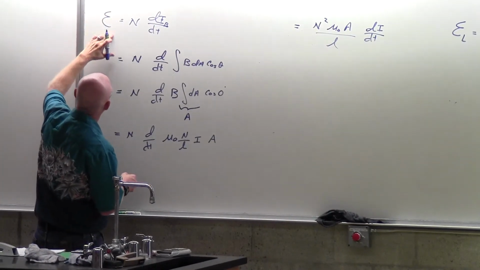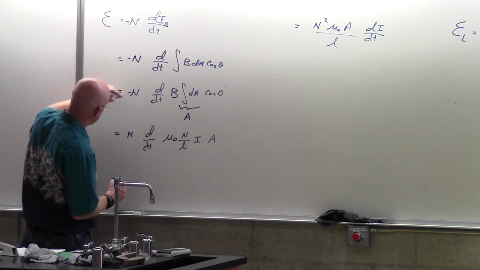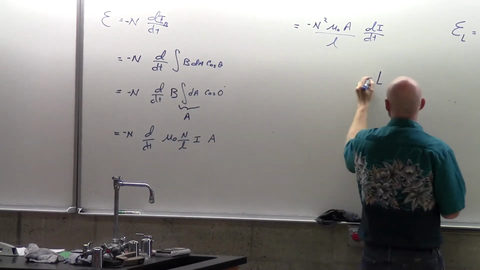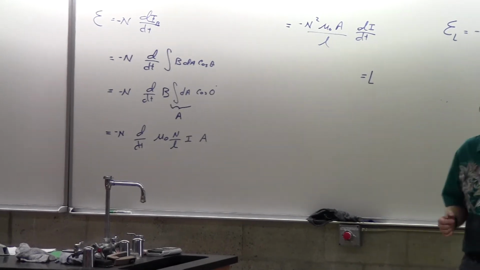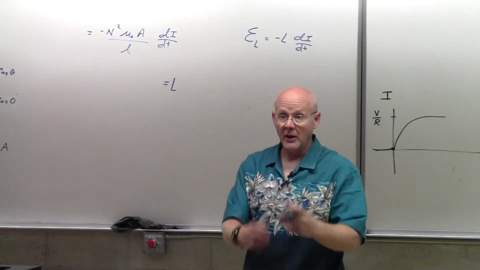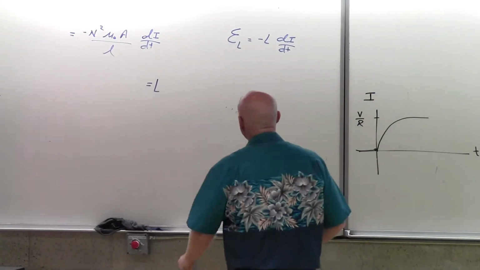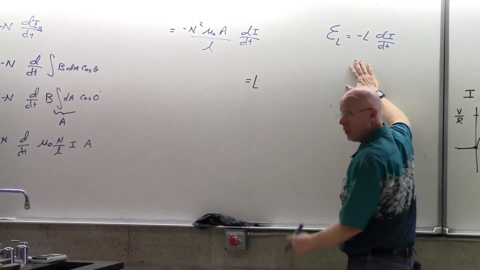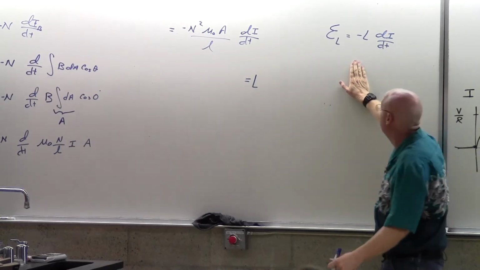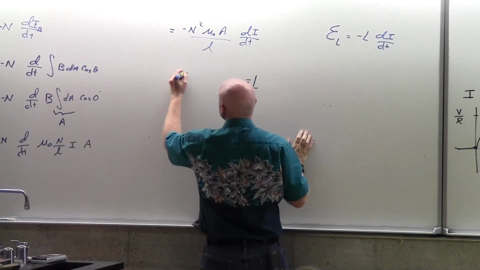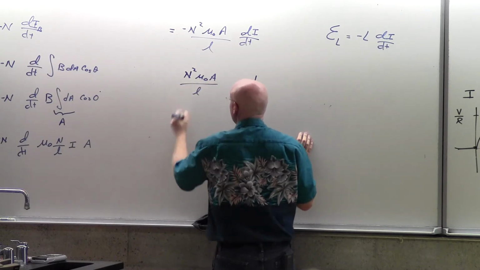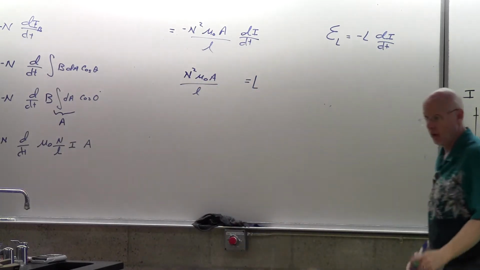So if I take away the absolute values and put in the negative, you will hopefully see, and this is how we introduced the chapter on our LR circuits, that if you took Faraday's law and applied it to a back EMF on itself, then you would get this little equation for the inductance for a coil.